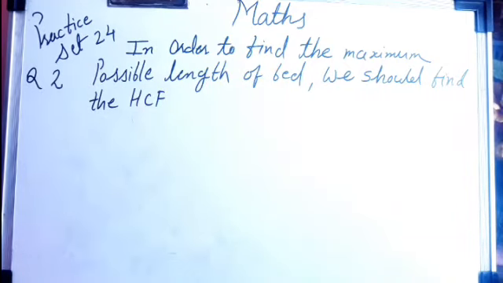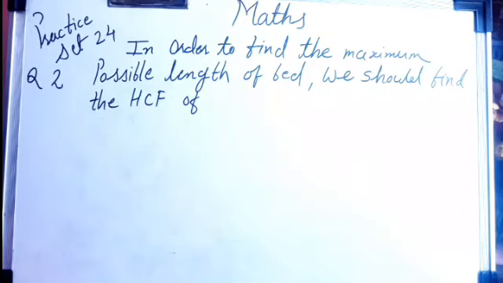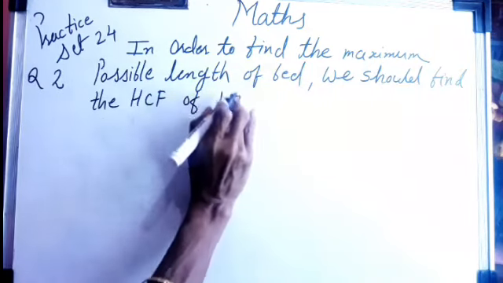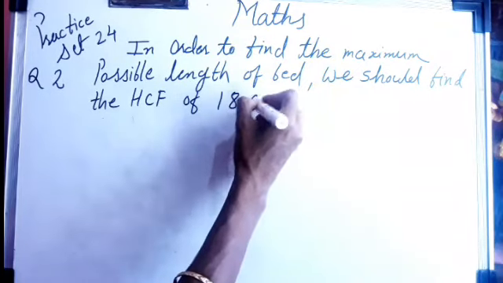Maximum means highest common factor of. Now which two numbers are given here? 18 meters long and 15 meters wide. So these two numbers, HCF we have to find. Which two numbers? 18 and 15.